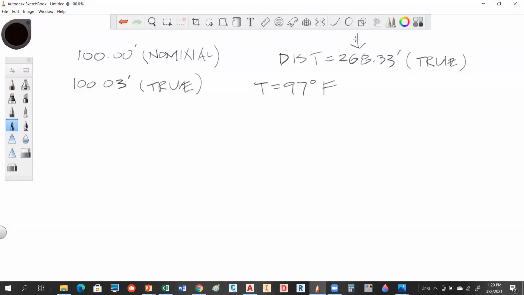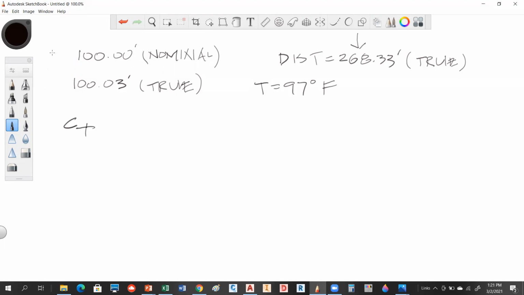Okay, so what's happening in this problem? How many corrections do you have going on here? You've got to correct for the temperature. What else? The length.